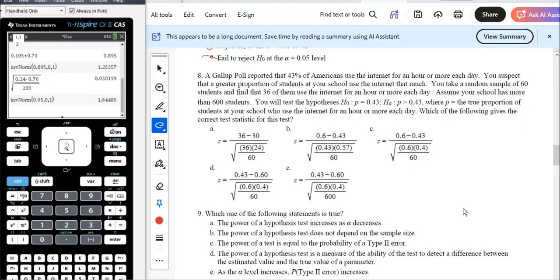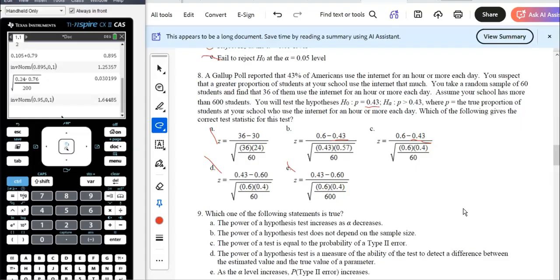So let's see, the null is 0.43, right? So that's the true proportion. So I know we're going to subtract the 0.43 here. Subtract the 0.43. Okay, so I've gotten rid of most of the answers. So 0.6 is the result that we got, right?